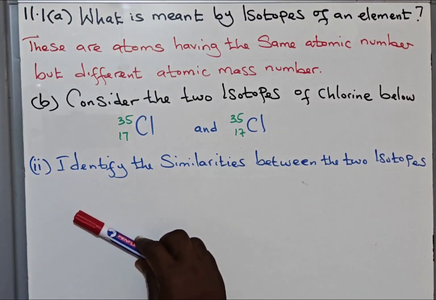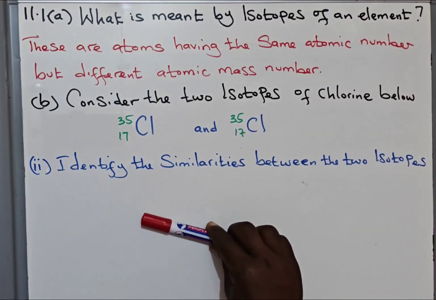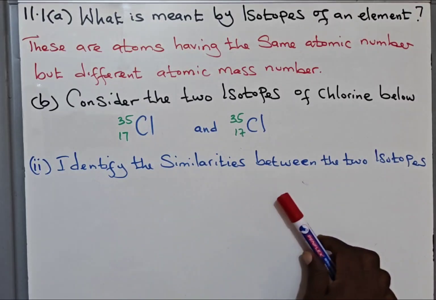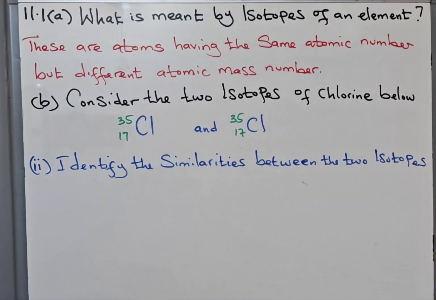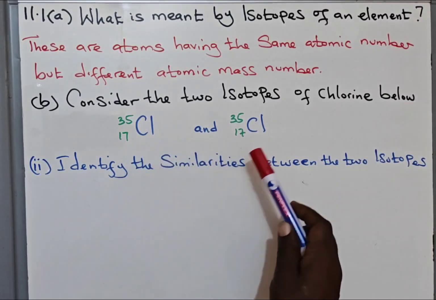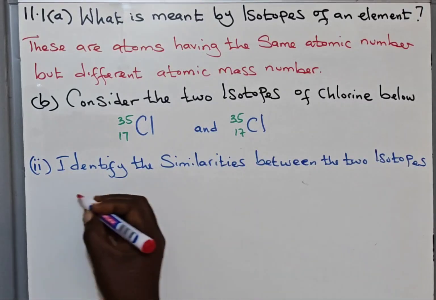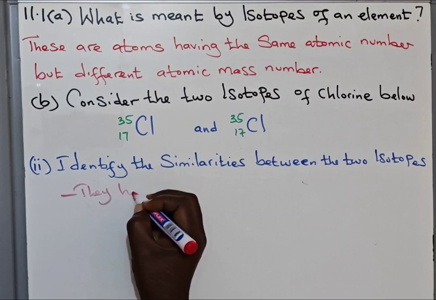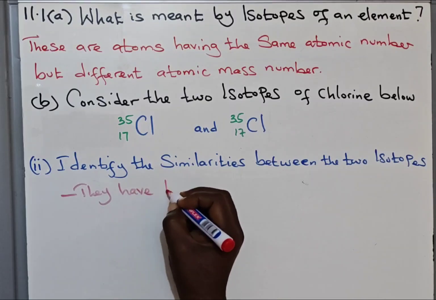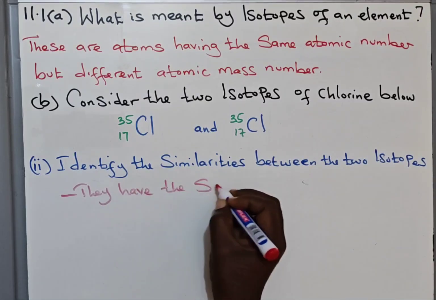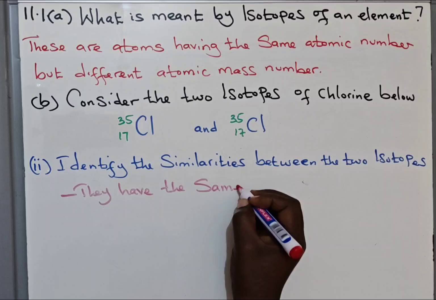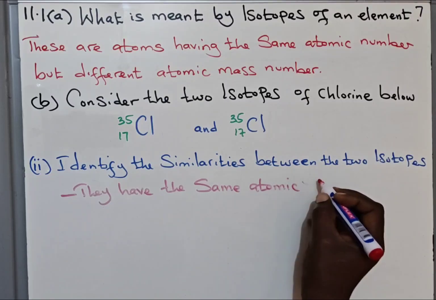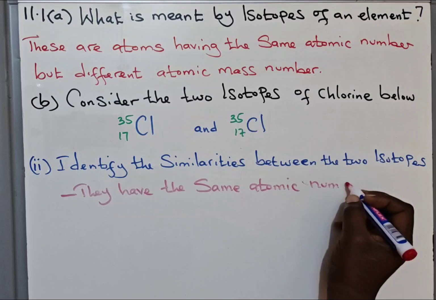Then we come to this question. Identify the similarities between the two isotopes. What is common between the two isotopes? One, they have the same atomic number.